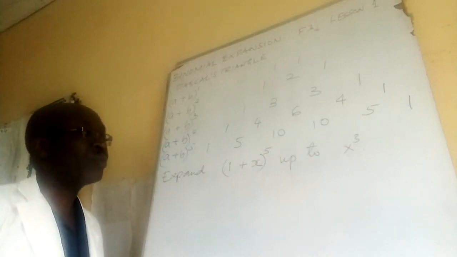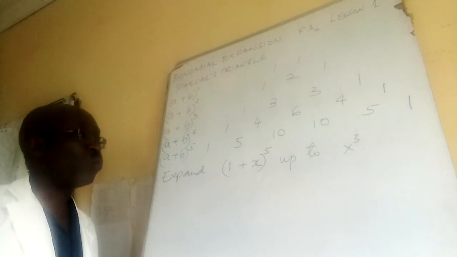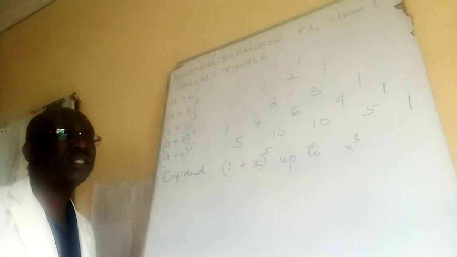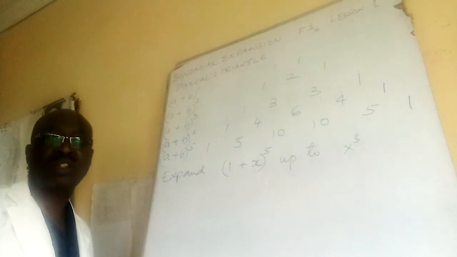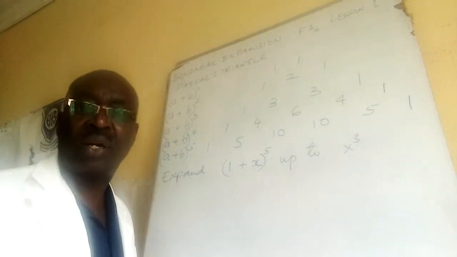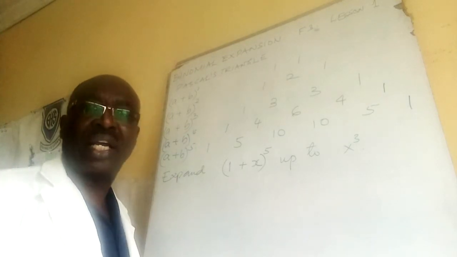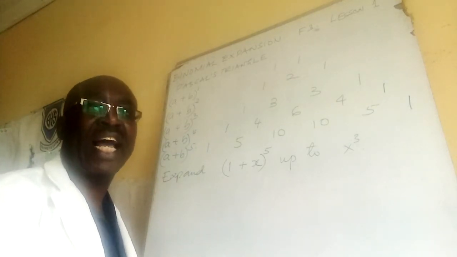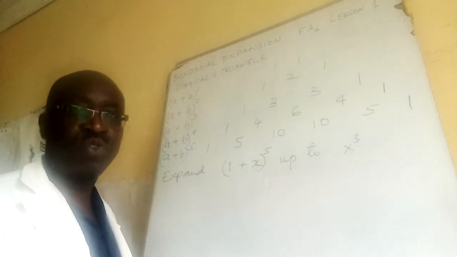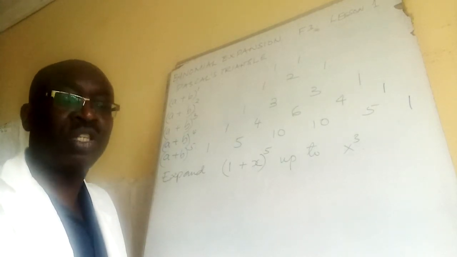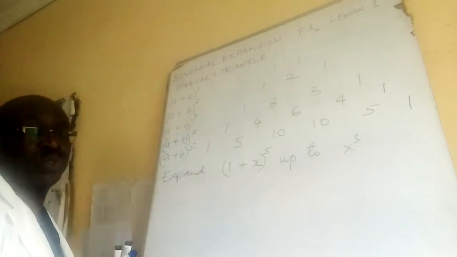Okay? We are given such a scenario. We expand 1 plus x in bracket to power 5 up to x to power 3. So when you are told up to, it means they don't need the entire expansion. You have been given the limit, how far you should go in your expansion. So this would be advice for you.